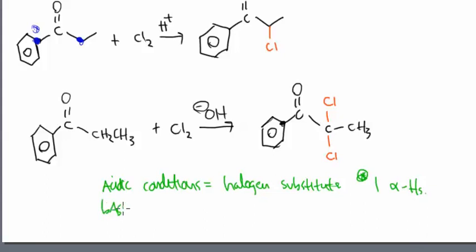Under basic conditions, however, the halogen substitutes for all of the alpha hydrogens. We will see why this happens in the next video when we look at the mechanisms and talk about the purpose of the acid.